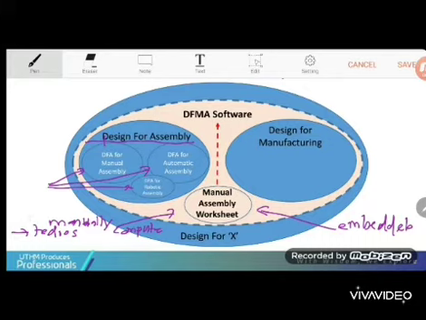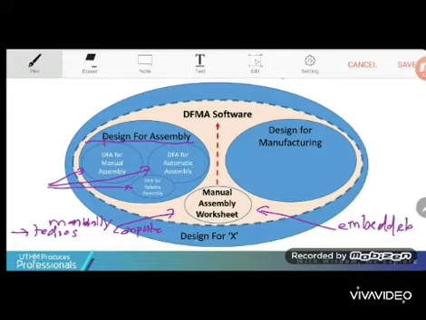Also, what is design for X? This is the biggest area, the biggest field. Design for assembly and design for manufacturing are types of design for X. The X can be anything or everything. It can be design for upgrading, design for recycling, design for reducing, and even design for environment, to protect the environment.